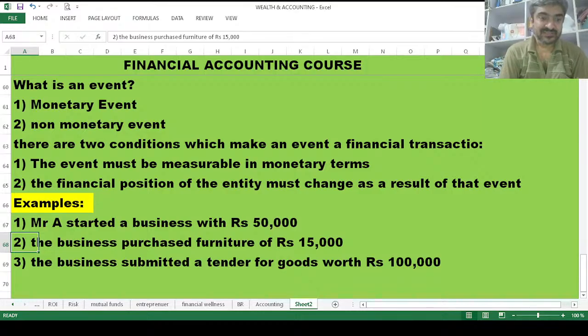So this transaction says that the business submitted a tender. That means that the business submitted a proposal for the supply of the goods to the government department worth rupees 100,000.